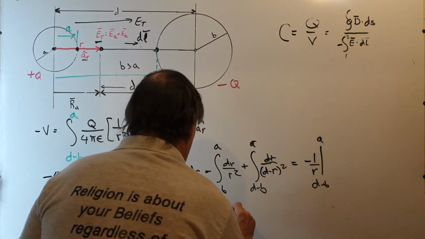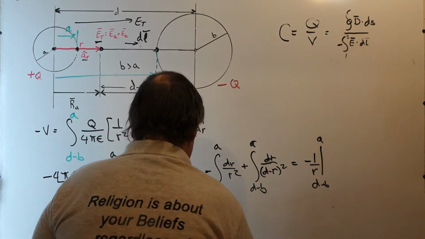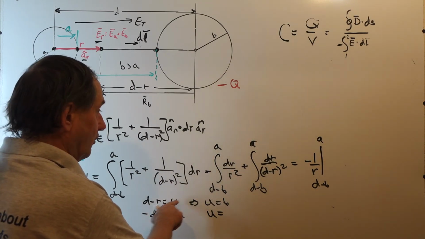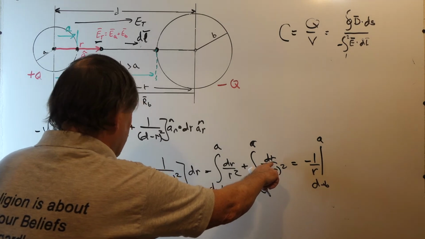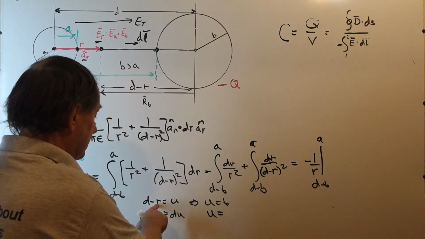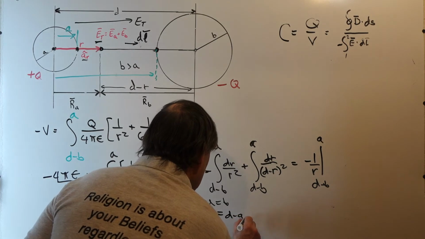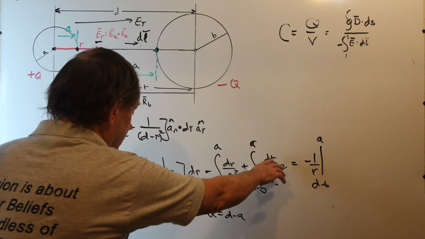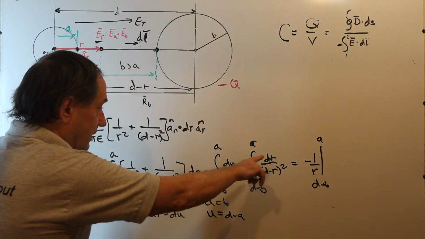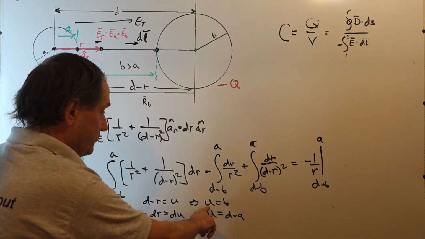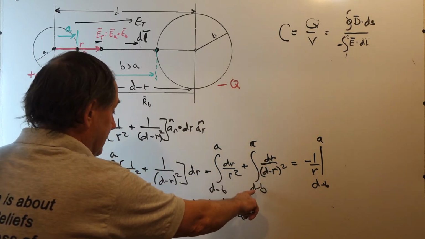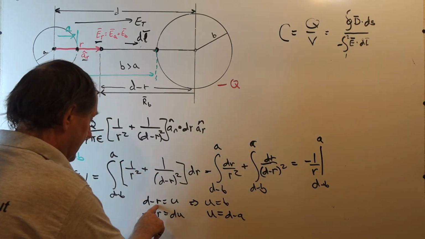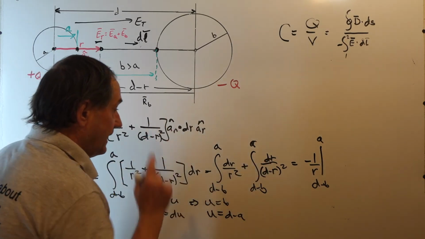And when r is equal to a, our u then becomes d minus a. These are our new limits in terms of the u variable. We're going to make the substitution for r by using u. So when r, again, is d minus b, our u becomes b. And when r is equal to a, u is d minus a.